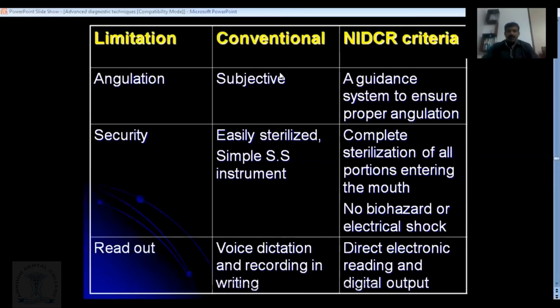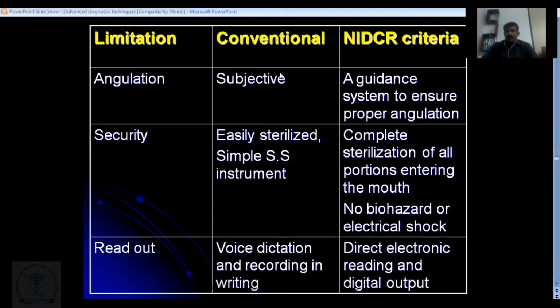Then the next is regarding the security of the probe: that it can be easily sterilized, and is a simple stainless steel instrument. Most of the conventional probes, that is the WHO probe or the Williams probe, are simple stainless steel instruments, and these can be easily sterilized also.